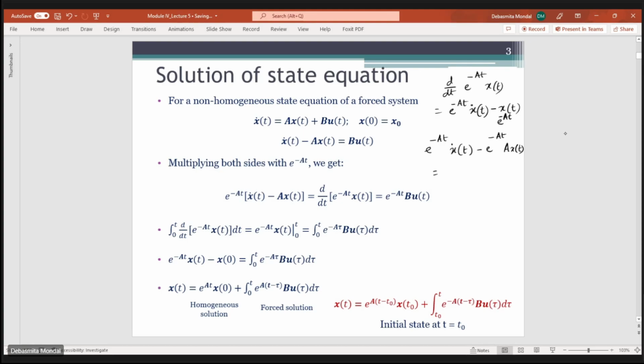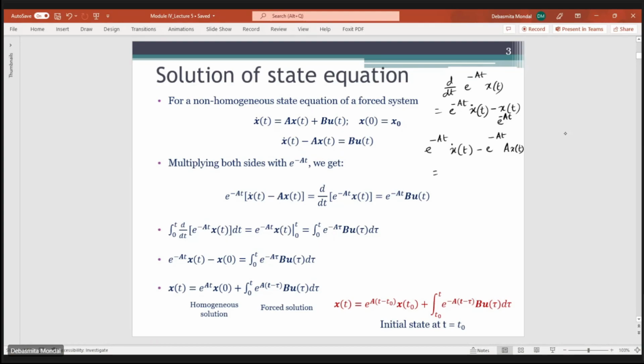So you can see that this is nothing but the expression on the left hand side. So this term can be replaced by d dt of e to the power minus at into xt, right?